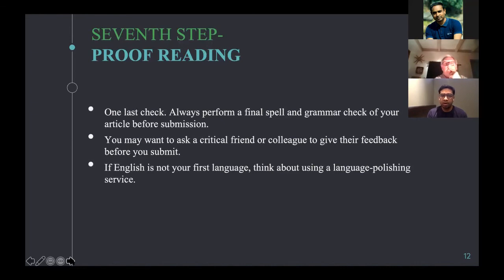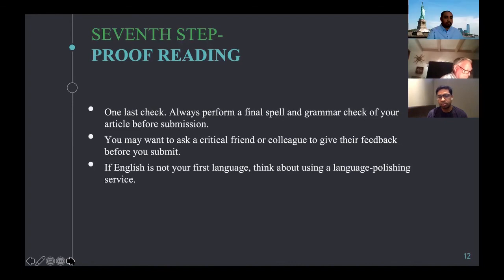And last but not least, this is the proofreading section, at the end of your review paper. After finishing the whole structure of a review paper, you have to go through it several times to check your spelling mistakes and grammar. Also, if you want, you can take help from a friend who is very good in the literature background.